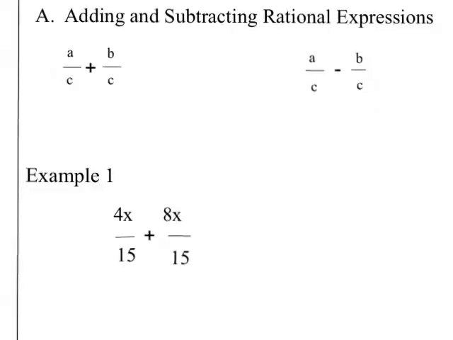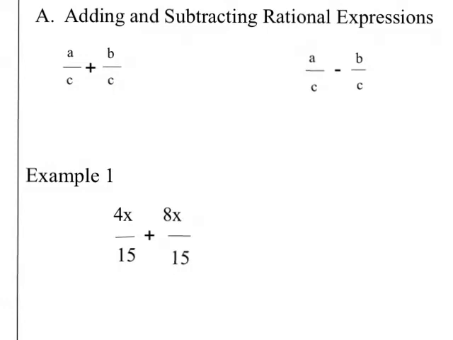Let's do a little bit of review for adding and subtracting rational expressions. When you were a 5th grader, you learned how to add and subtract fractions. When you added and subtracted fractions, you needed to look, first of all, and see what the common denominator was. Looking here, you had a c and you had a c.